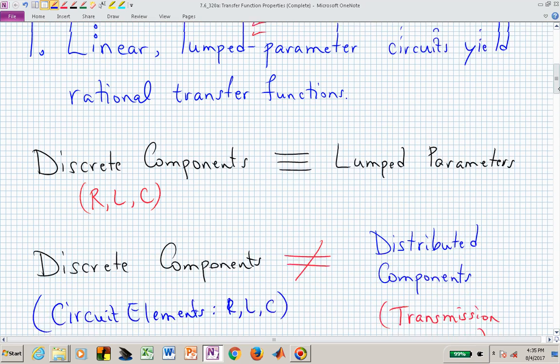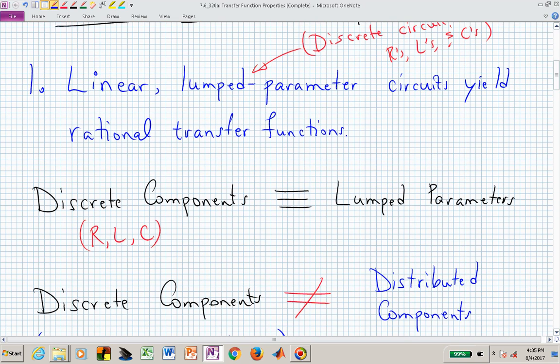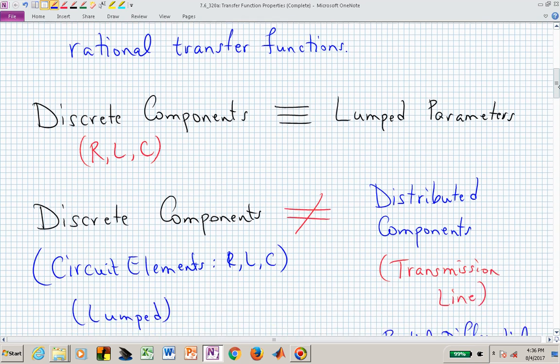That's the first property of transfer functions: those ratios of polynomials in s are possible because we're dealing with RLC circuits, or circuits with lumped parameters.